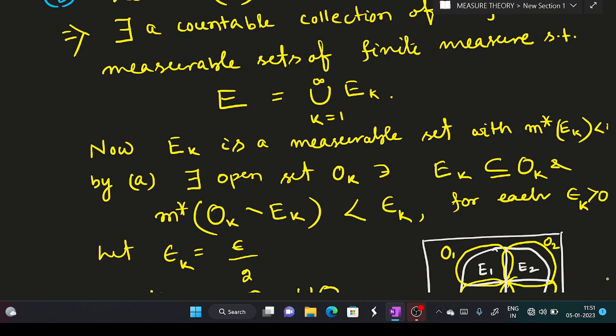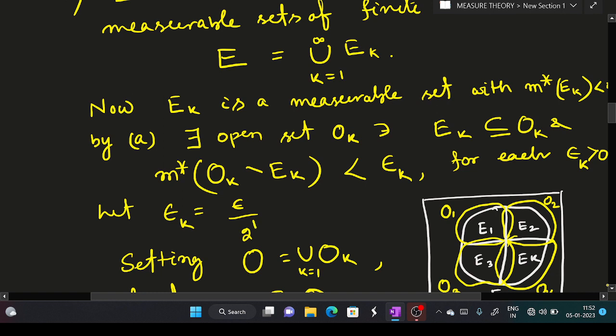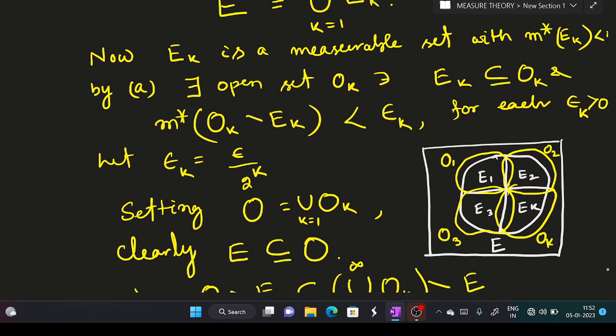Here, our epsilon k is nothing but epsilon by 2 to the power k, where epsilon is what we considered in part 1. Now collecting all such open sets, the union is O. What is O? O is the union over k from 1 to infinity of Ok.